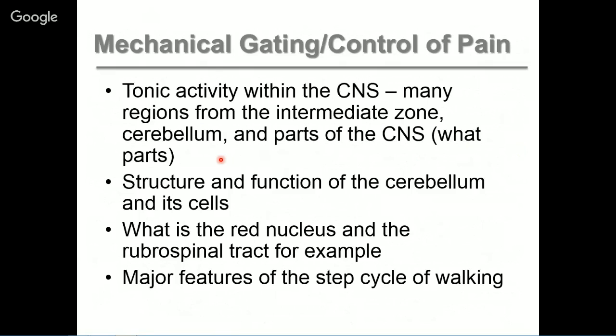So I want you to start thinking about things that way, not just about purely memorizing it, but finding themes, finding things that you can have in common. Tonically activated neurons. So we know flexor burst generator, that's tonically active. Do you know any other tonically active types? Which other ones do you know of?